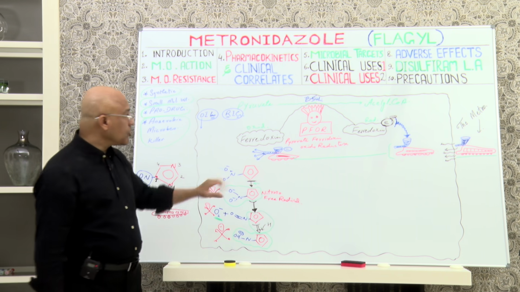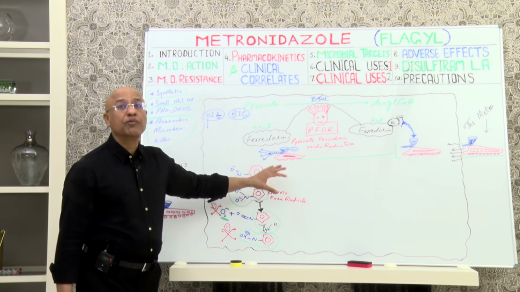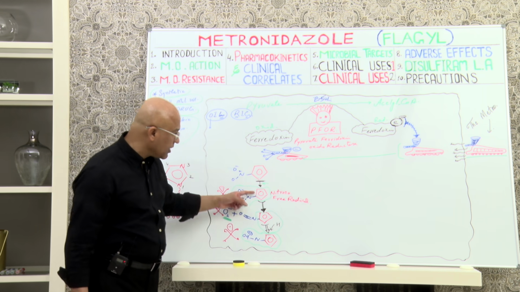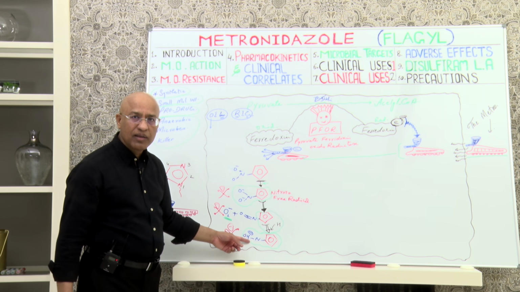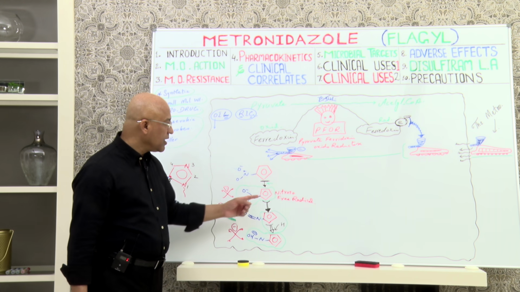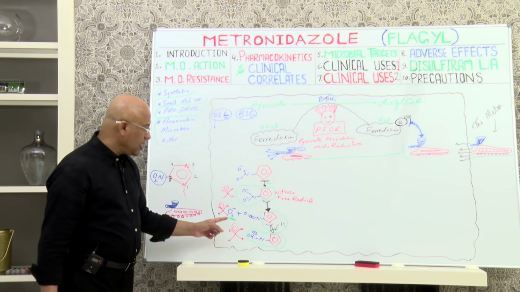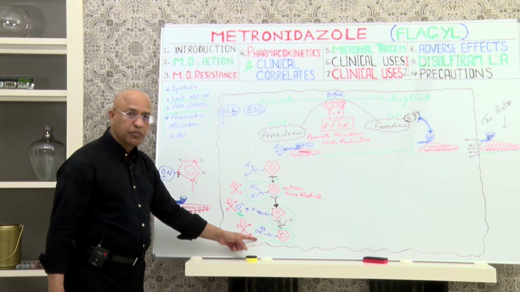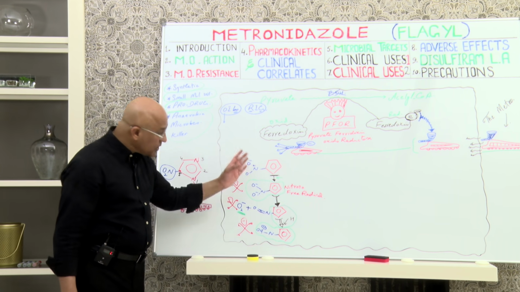And these oxygen free radicals or reactive oxygen species have three names. Number one, highly reactive intermediates, or we call them nitroso radical, superoxide and intermediate with hydroxyl end.